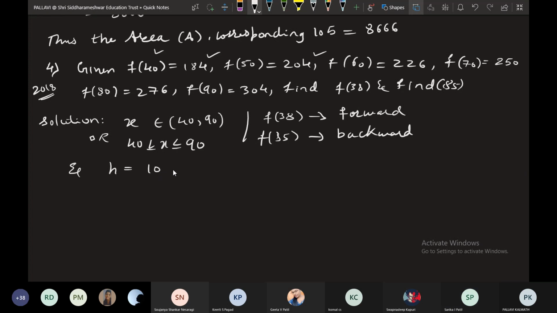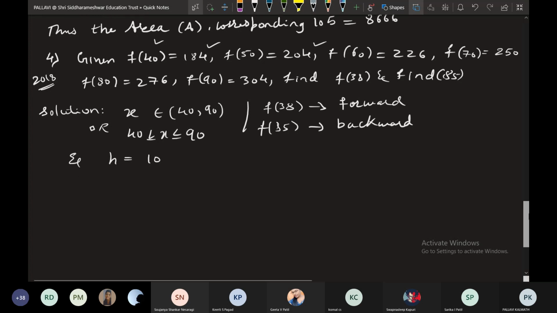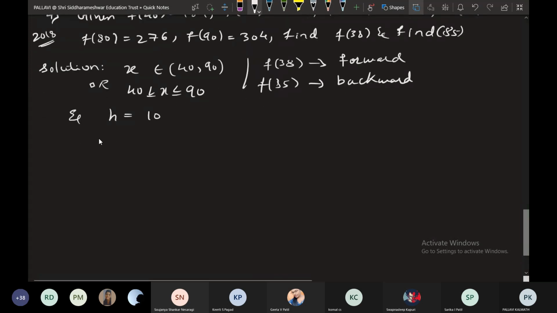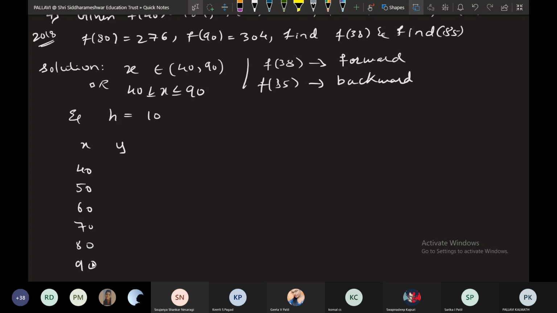So with this, what do you require? First you require the difference table. Find the difference table. Write the values for x, write the values for y. What is the first value? 40, next 50, 60, 70, 80, and the last is 90.